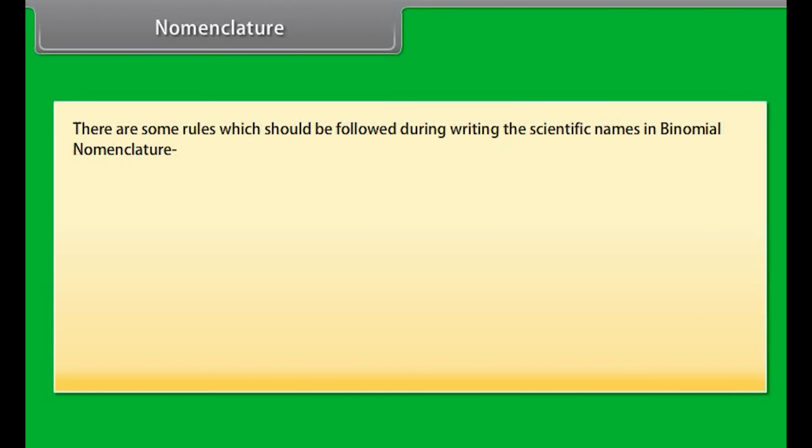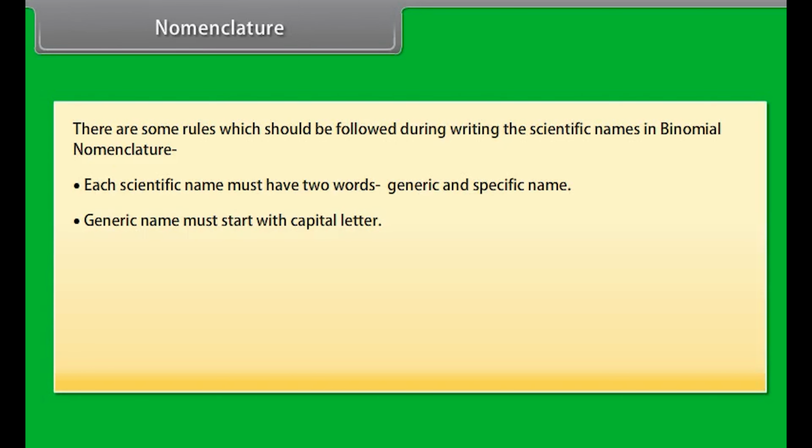There are some rules which should be followed while writing scientific names in binomial nomenclature. Each scientific name must have two words, generic and specific name. Generic name must start with a capital letter. Specific name must start with a small letter.